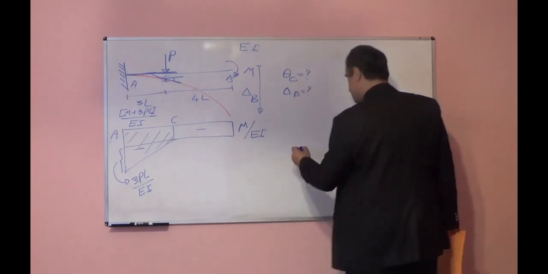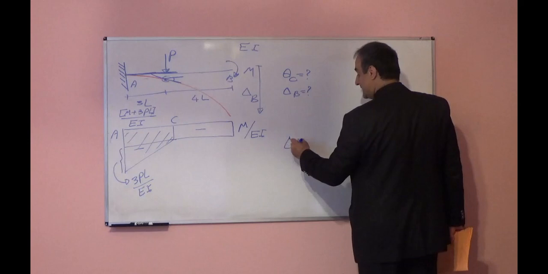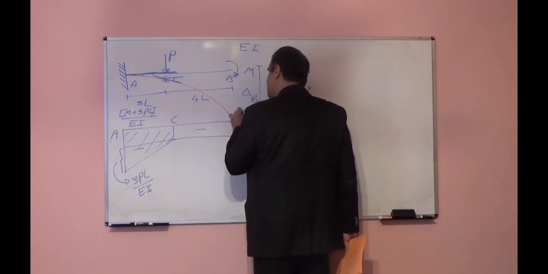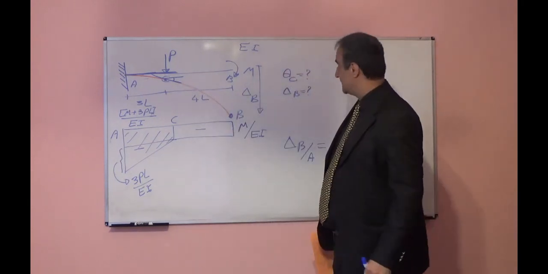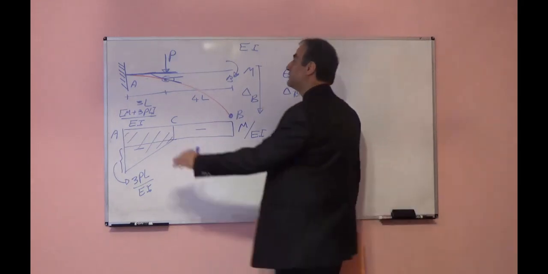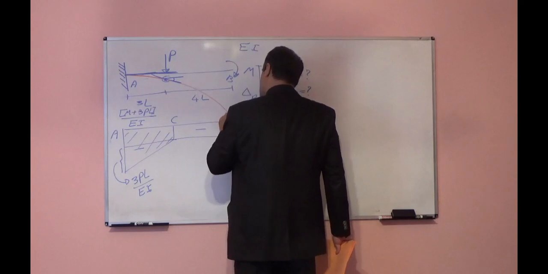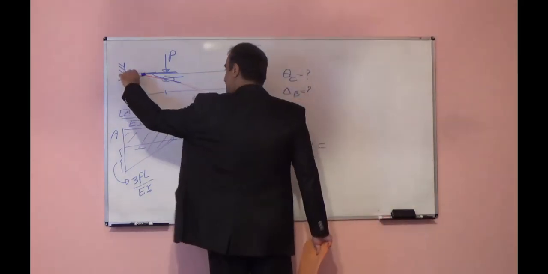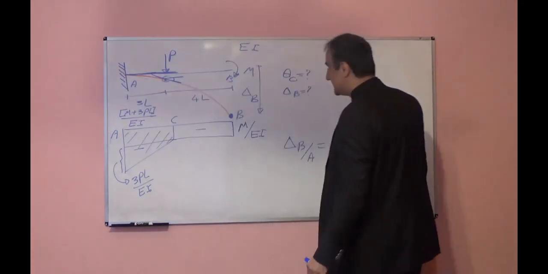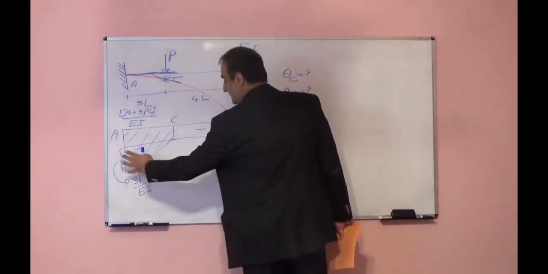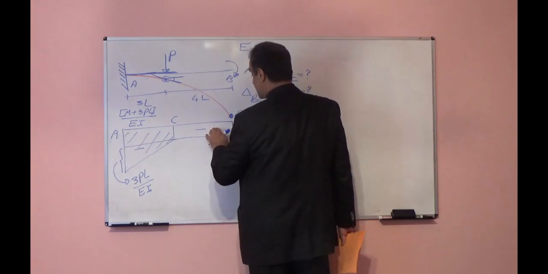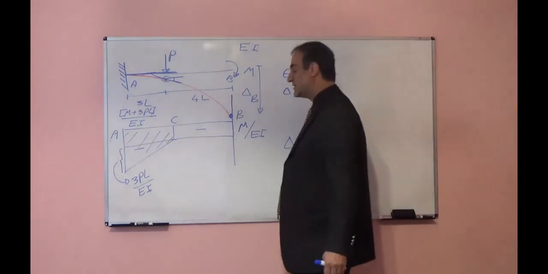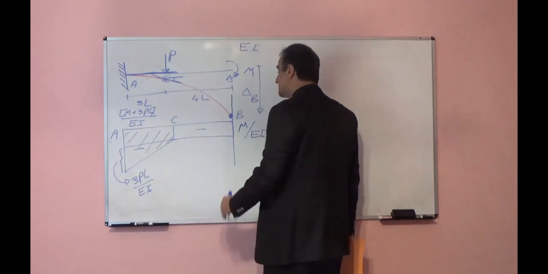Deflection will be from B to here, delta B. From the moment area method, delta B with respect to A is the distance from point B on the elastic curve to the tangent at point A. This distance is equal to the moment of area underneath of this diagram with respect to the axis that passes through point B. It means we will take the moment of area for this shape with respect to this axis.